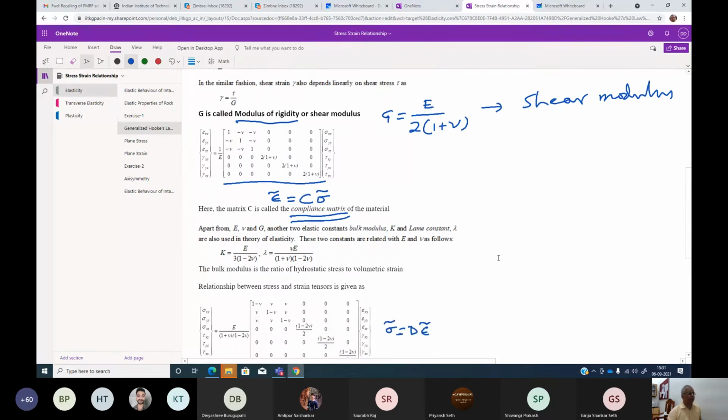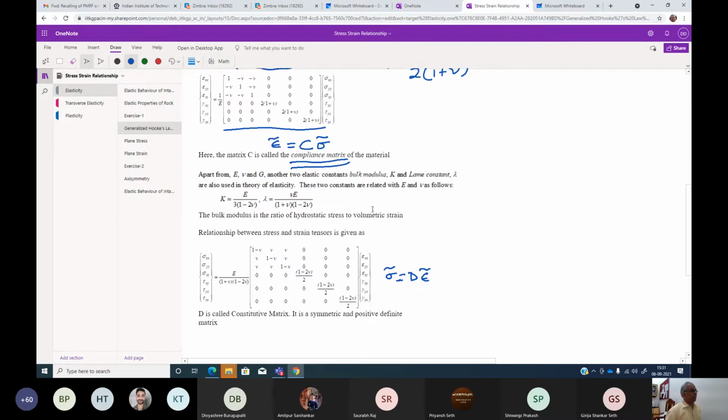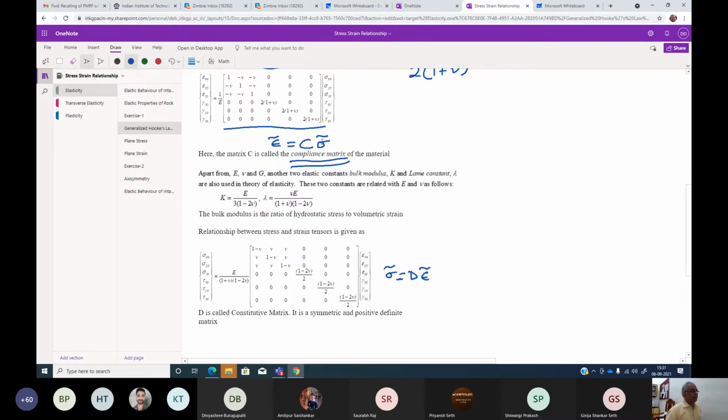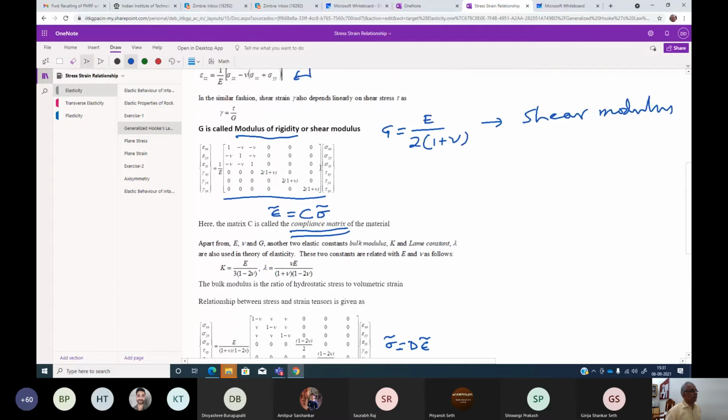Now, before I go into this, if I explain this in a little more detail, you see this matrix C, this one by E, whatever is written. What do you see about this matrix? Do you see any property of this matrix?